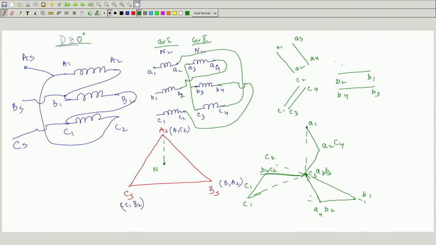These two will be output. Similarly, you will be able to calculate this one.